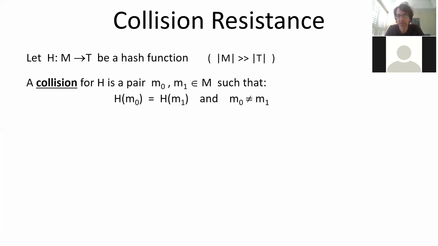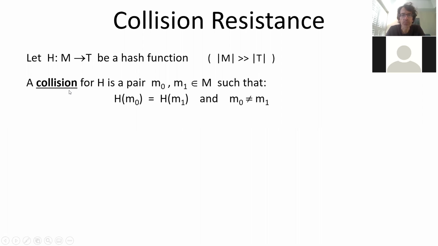That's how a PRG is used in a stream cipher, where the key is the seed. A hash function has no such natural secret. It's a function from a message space to some target space, where it makes sense if the message space is larger than the target space.